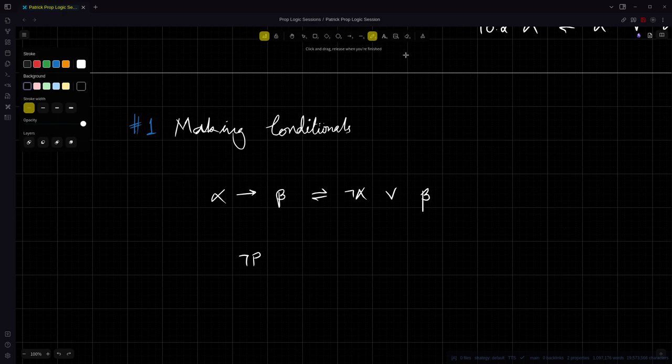But from this, we can derive another rule. Let's say I have some proposition P which I know is false. So not P is true. Under classical logic, propositions are either true or false. I know P is false, so I know not P is true. Now, if not P is true, then you can basically do an addition and attach any proposition over here.